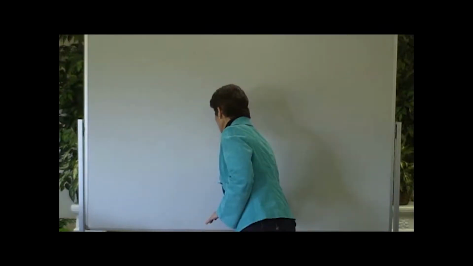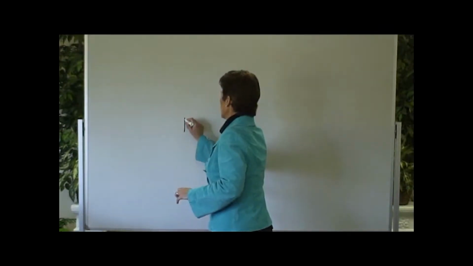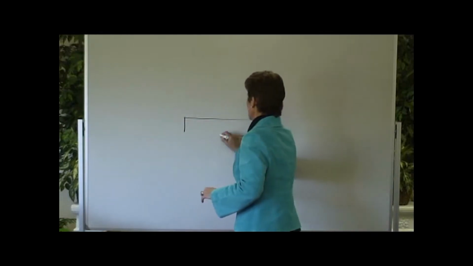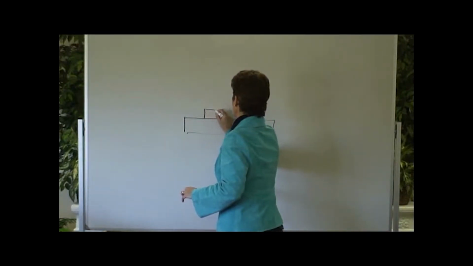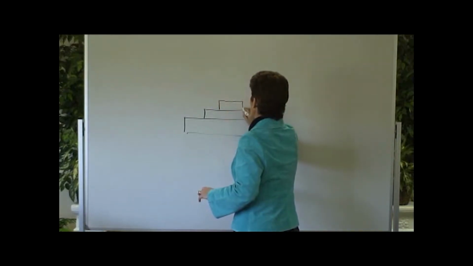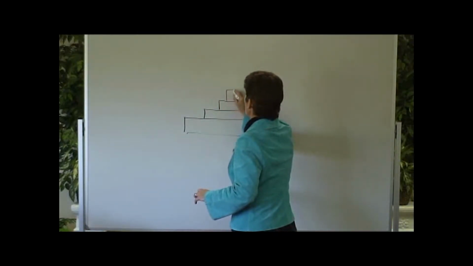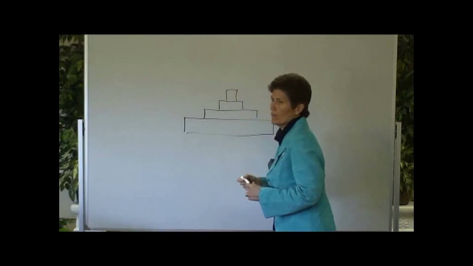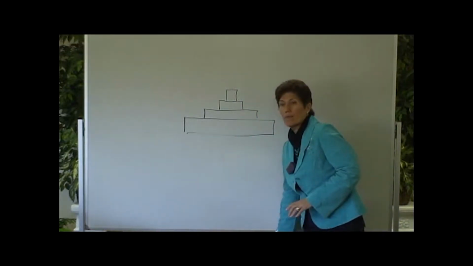Okay, on number 5, if you will read that, I will draw up here. Draw an ecological pyramid of an ecosystem that has twice as much biomass in producers as there is in primary consumers, twice as much biomass in primary consumers as there is in secondary consumers, and twice as much biomass in secondary consumers as there is in tertiary. Thank you.